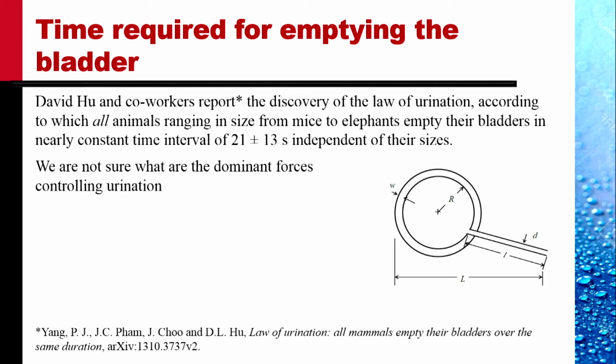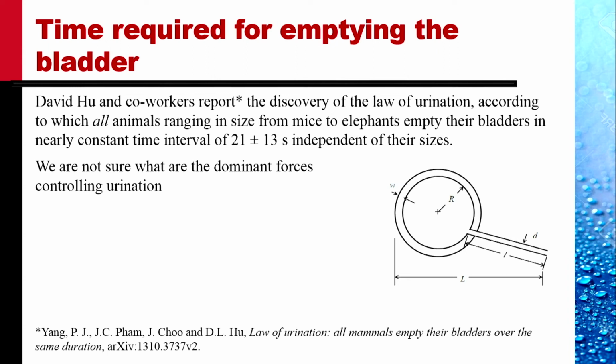There's variation, but it is a random variation, independent of their sizes. So the time that they need to empty their bladders is about the same, independent of the size, from a mouse to an elephant.